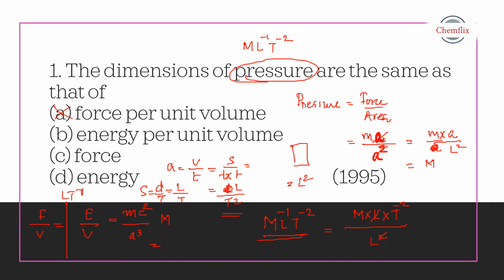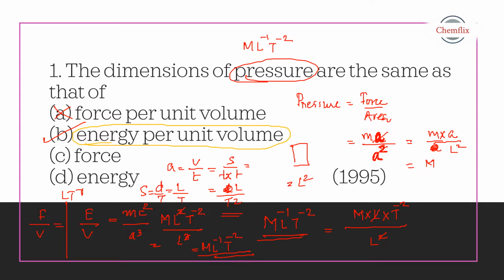So c square is L raised to 2 t raised to minus 2, divided by L cube. Now we find the dimension of energy per unit volume. The L square gets cancelled against the L cube, remaining L raised to minus 1. So M L raised to minus 1 t raised to minus 2. So obviously our answer is energy per unit volume.